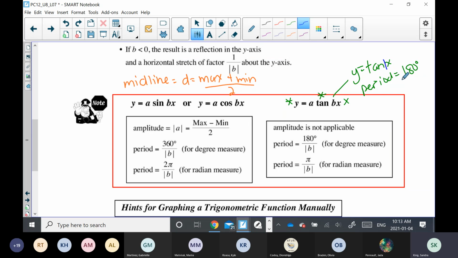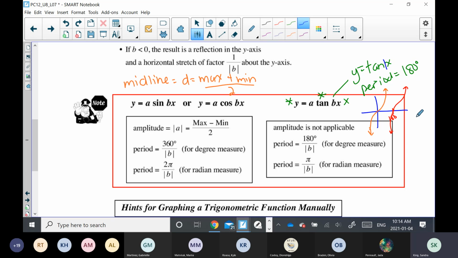There is no amplitude for a tan graph, because if I said, sketch a tan graph once you guys get comfortable with this, it's that same picture. So this is what you would sketch for a tan graph. And then every 180 degrees, the graph is going to do the same thing.